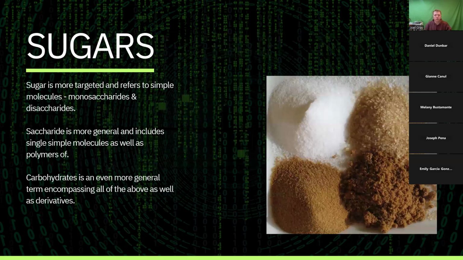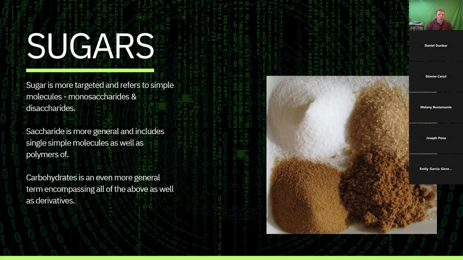First and foremost, sugar is more targeted and refers to a simple molecule, a monosaccharide and a disaccharide. Sugars can form polymers, and they can be hundreds of subunits long. A saccharide is a more general term and includes simple molecules as well as polymers of them.